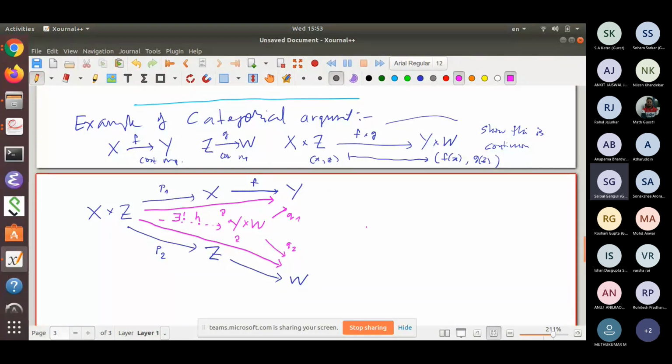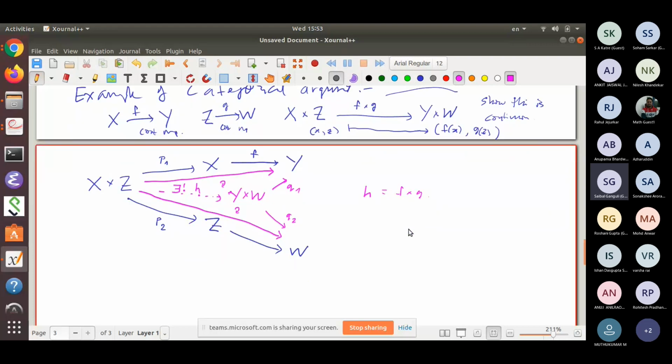And this H is exactly this map F cross G. This is how you construct F cross G.